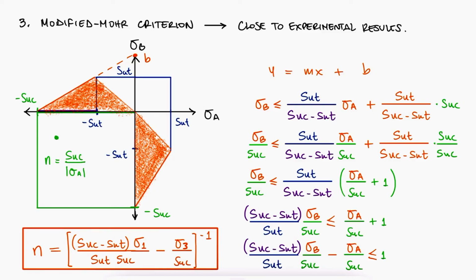If both in-plane principal stresses are positive, we keep comparing the ultimate tensile strength to the highest of the positive stresses. And we also do this for when one principal stress is negative and the other one is positive, and the magnitude of the positive stress is higher than the magnitude of the negative stress. In this case, the factor of safety would be SUT over sigma b.